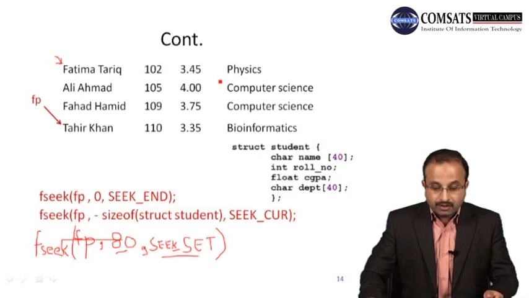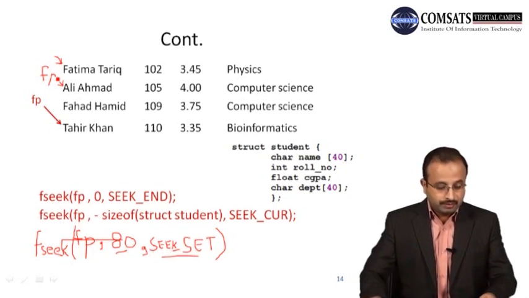The size of this record is 80 bytes, so when it adds, the file pointer comes over here. Now FP points to this position. I hope now you understand this example.